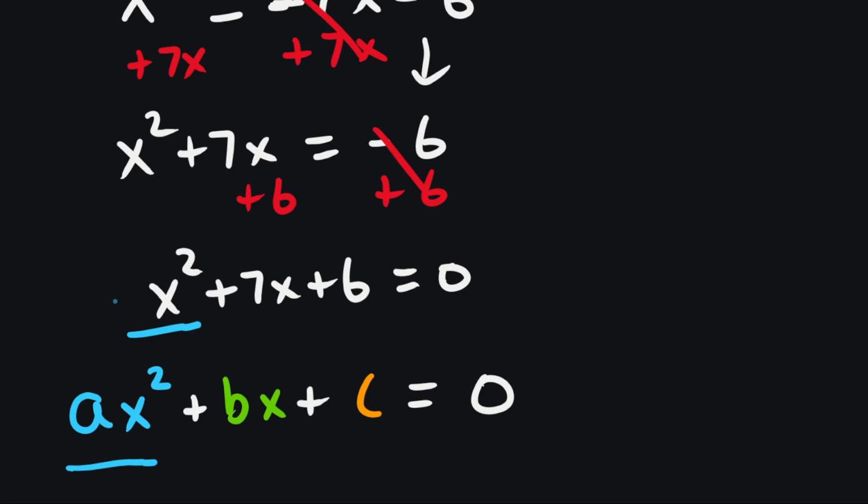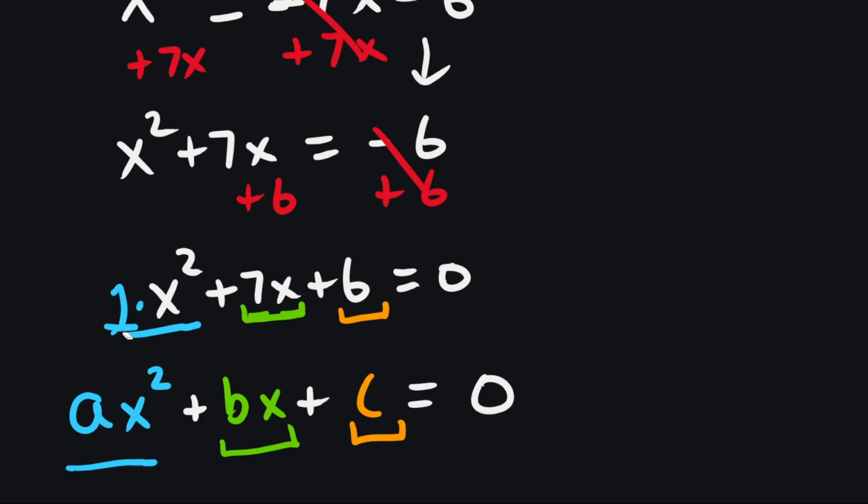If there's no number in front of the term, it's just a 1 there, 1 times x squared. And then right here, what is our bx? Our b is 7, and our x is right there, so 7x is our bx. And what is our c? Our constant, so our c is 6. And there we go, we have this equation in ax squared plus bx plus c form.